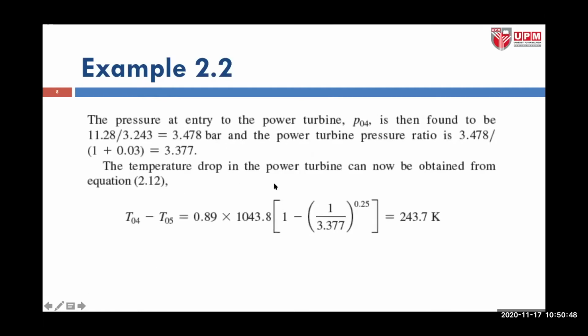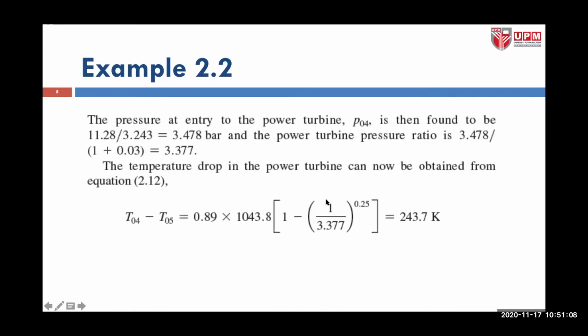The pressure at entry to the power turbine, PO4, is then found to be 3.478 bar, and the power turbine pressure ratio is 3.377. That is the power turbine pressure ratio.